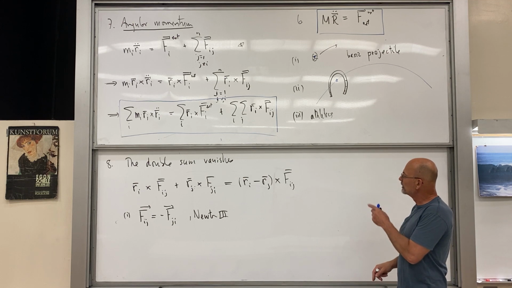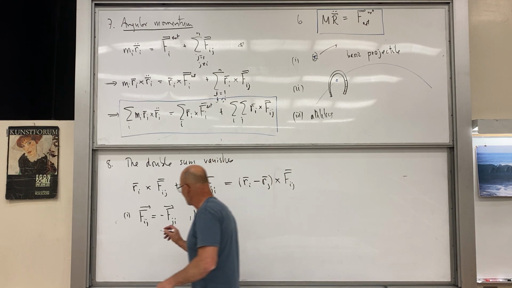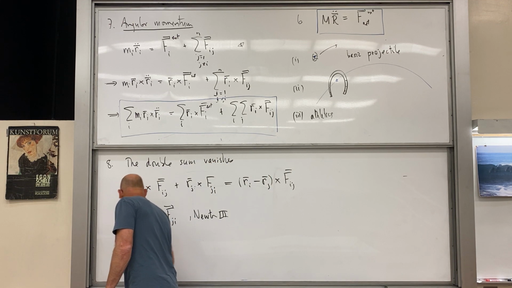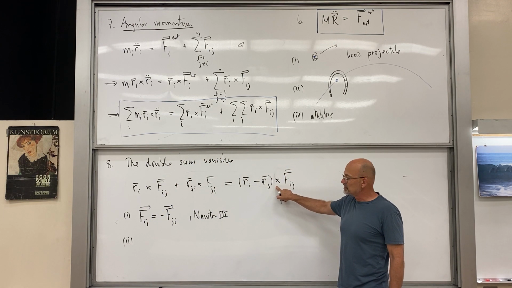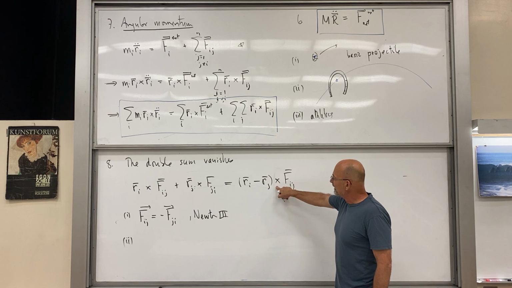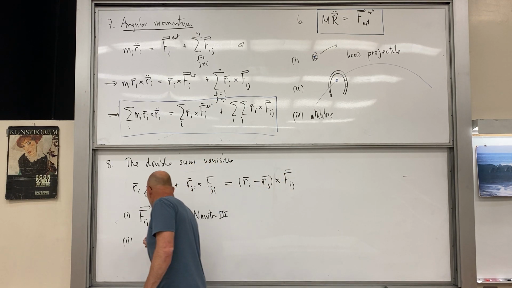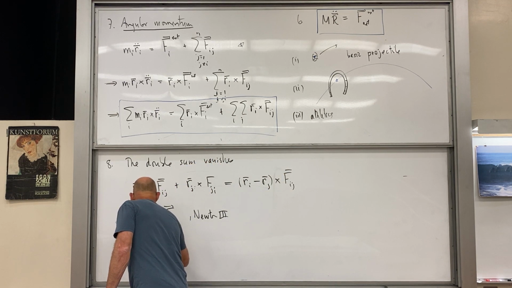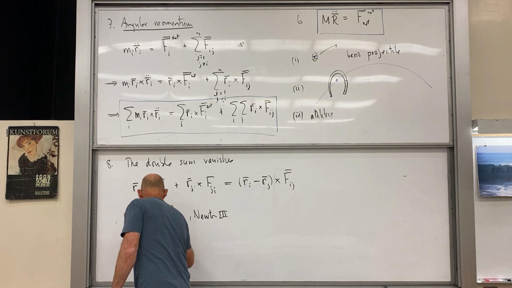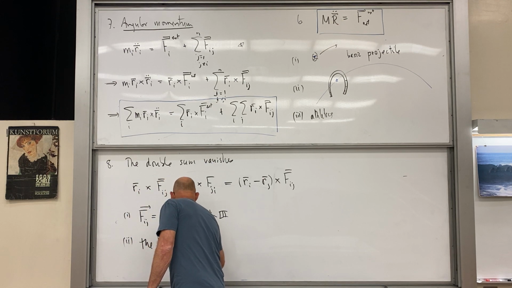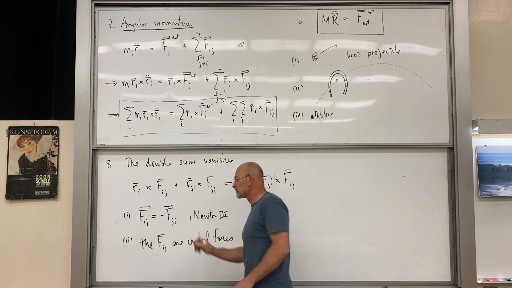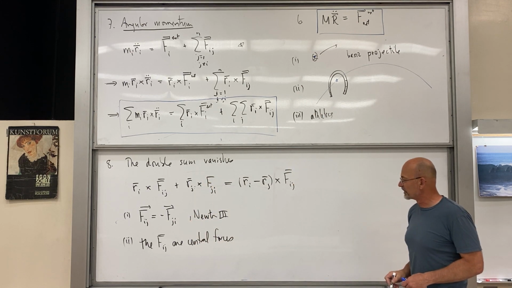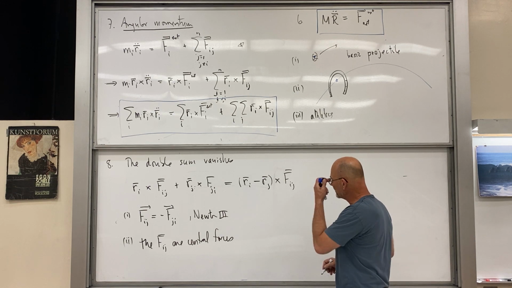So we've used Newton's third law, and the next assumption we're going to have to make in order for this to vanish is that the forces Fij are central forces. So it's good that we've studied the central force problem. They are central forces.